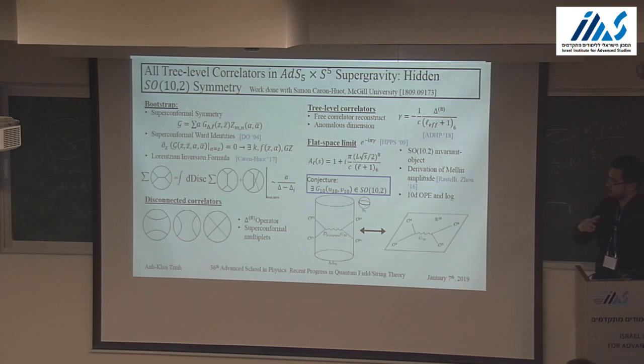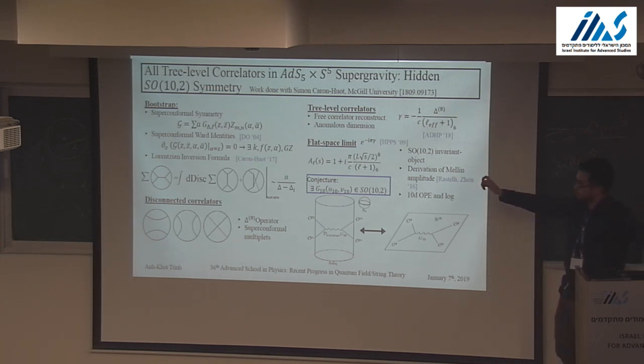So this relates different components of the multiplet, and the important part of the superconformal Ward identities is that for any correlator, you get 3 components: the K, the F, and the product of G and Z. The particularity of this decomposition is that for every one of these 3 components, you have your own OPE coefficient. The main tool that we'll use is the Lorentzian inversion formula, which basically, for every correlator in the cross channel, lets you reconstruct the s-channel correlator by computing the double discontinuity.